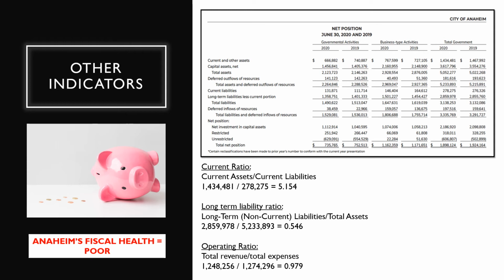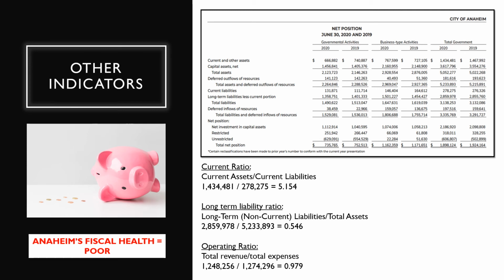For the operation ratio, it's the total revenue over the total expenses. For Anaheim, it's 0.979. The ratio shows how much revenue they brought in compared to the expenses incurred, and Anaheim had more expenses than revenue for the year ending 2020. So the budget solvency is not good.